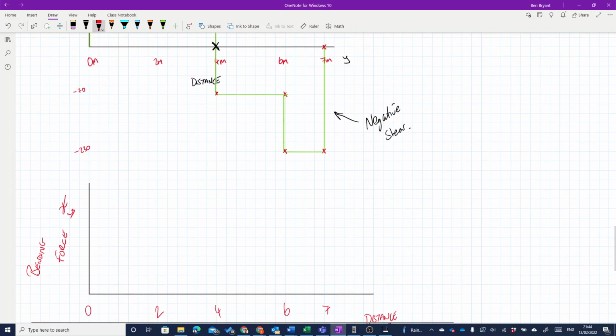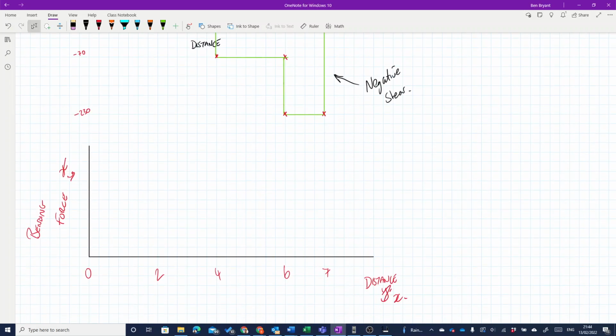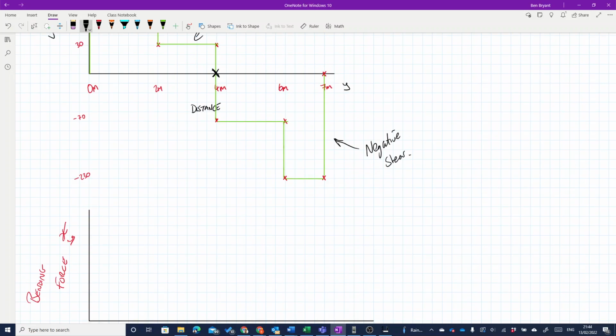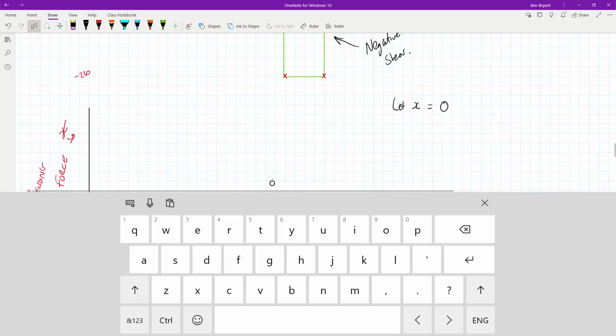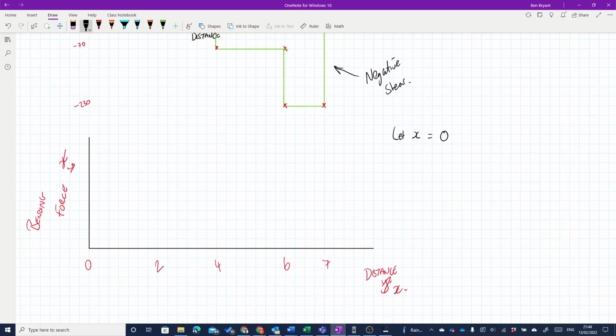So, how do we work out our bending moment? Well, again, we've used this term before. Let x equal something. We will start with 0. At 0, we're going to have a bending moment of absolutely nothing because nothing's happening as of yet.